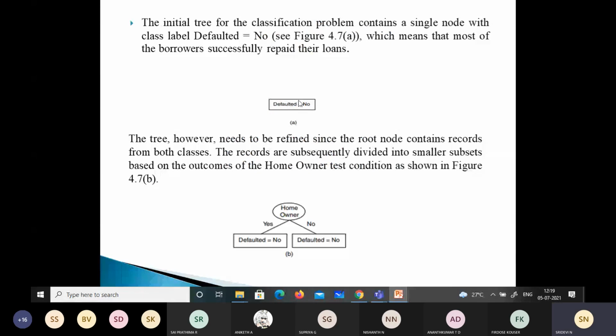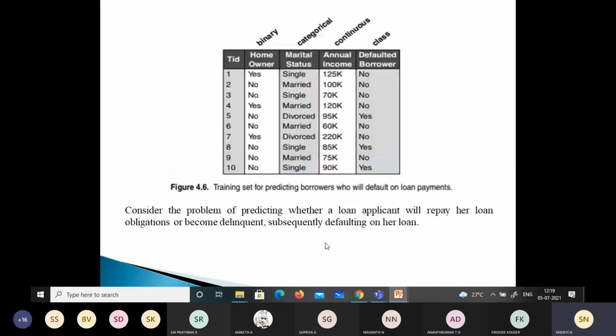So we just started with the root node. Now, as we have two classes, we have to bifurcate the records into two different classes. We have taken homeowner as the attribute. If it is yes and the default is no, we'll move the records to the left child. If homeowner is no and default is also no, we'll move it to the right.